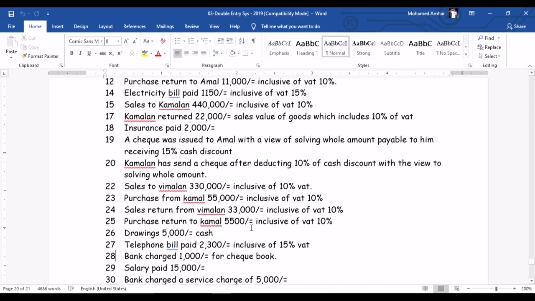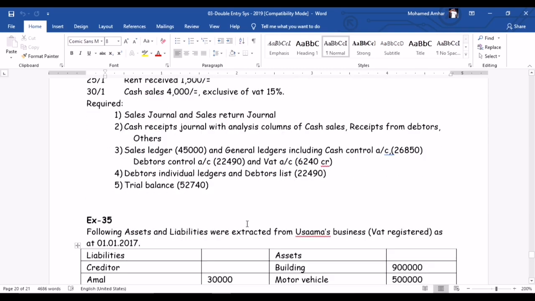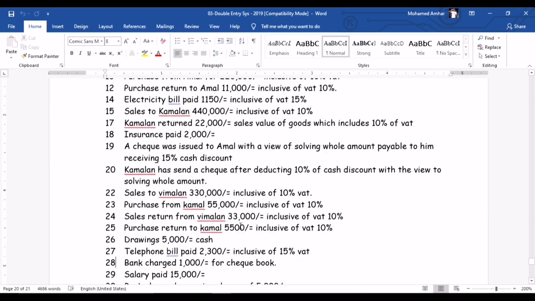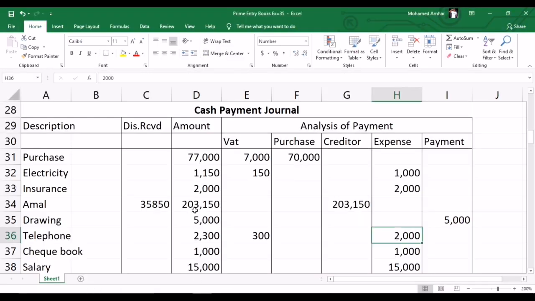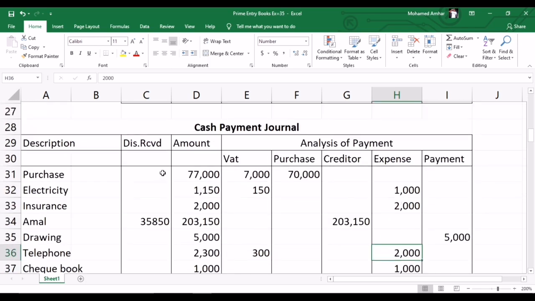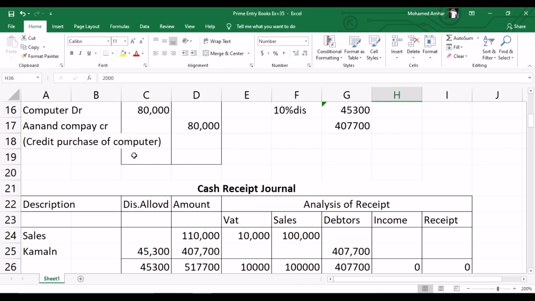So write that in the general journal, but check it. It is not recorded in the general journal, no? So we shall record that in the general journal.